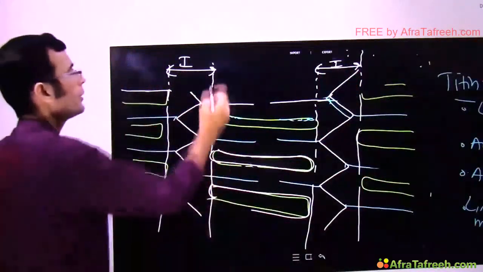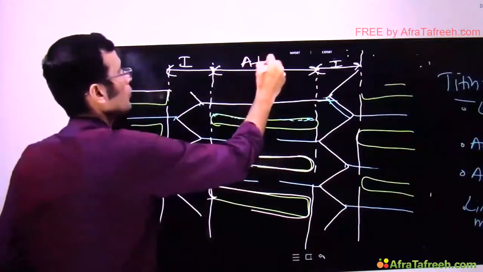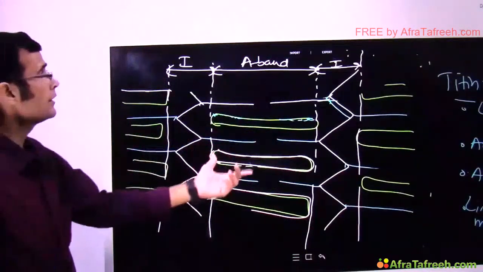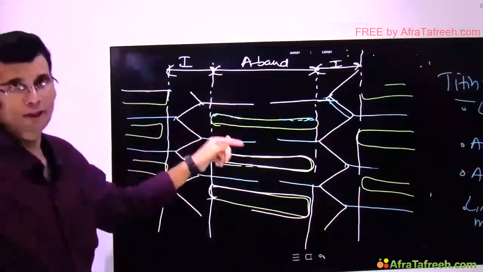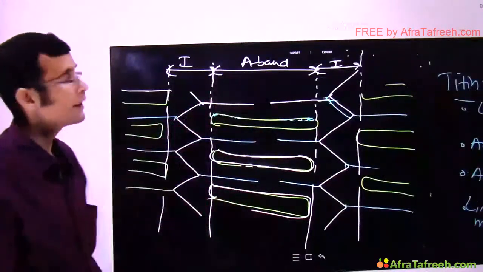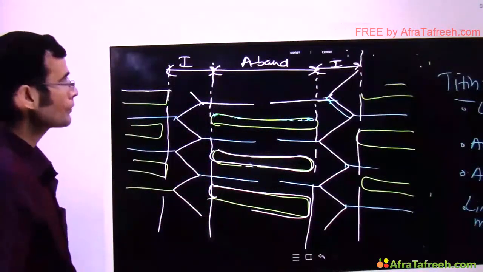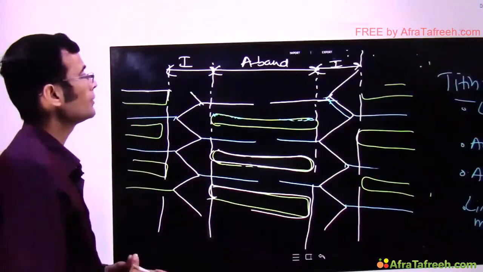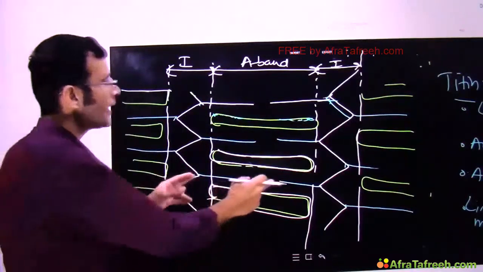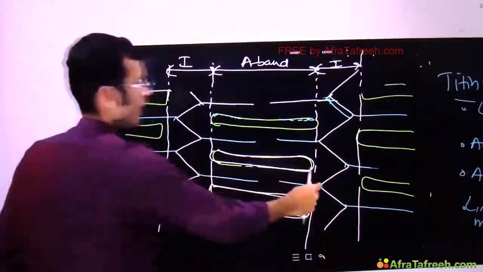The remaining part of the sarcomere is called the A band, anisotropic to polarized light, because this band contains thin as well as thick filaments which have different properties to polarized light. If you notice, one sarcomere is equal to one full A band and 2 half I bands.